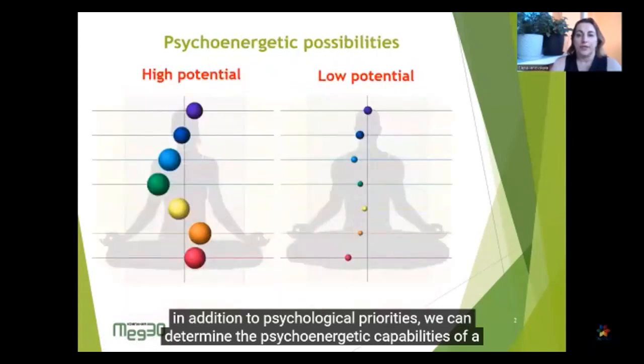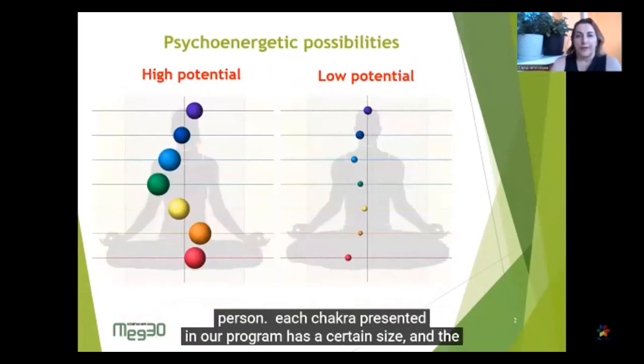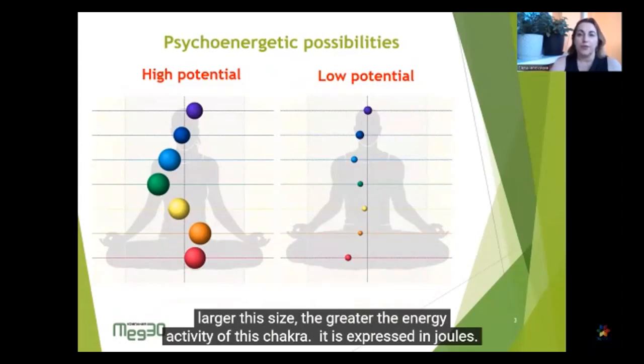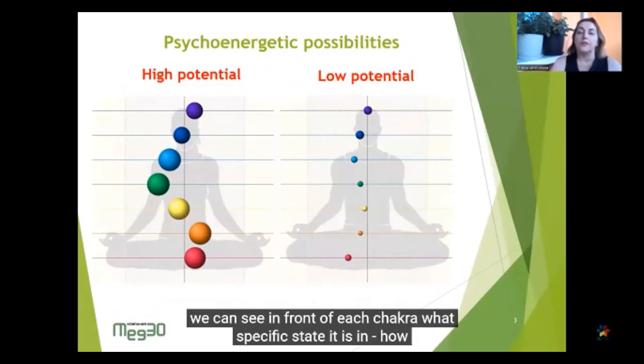In addition to psychological priorities, we can determine the psychoenergetic capabilities of a person. Each chakra presented in our program has a certain size. And the larger the chakra, the greater the energy activity of this chakra. The energy is measured in joules.